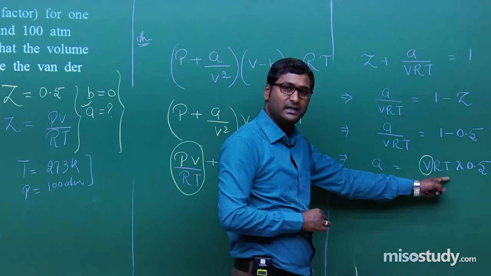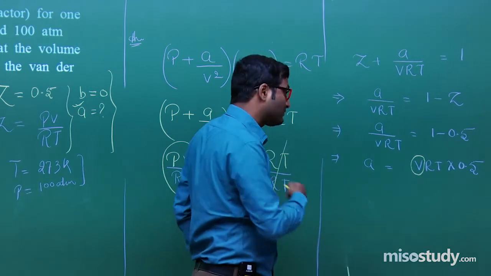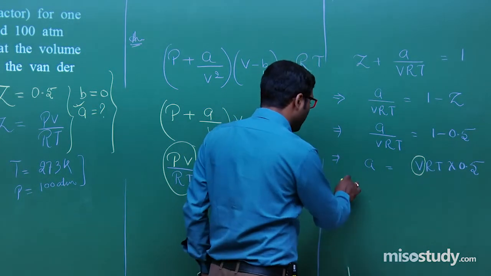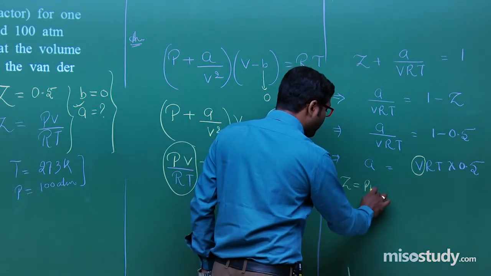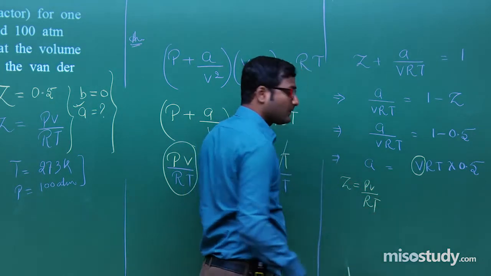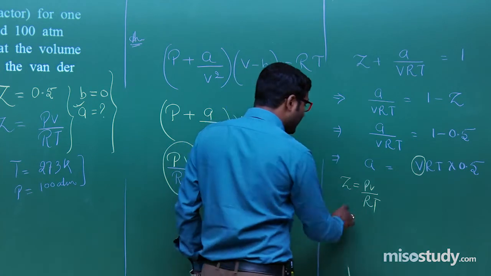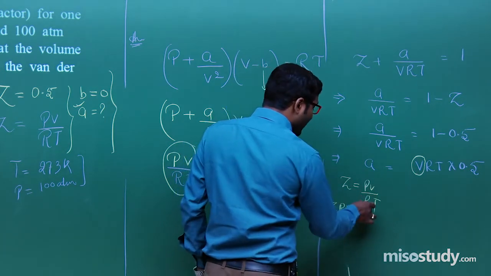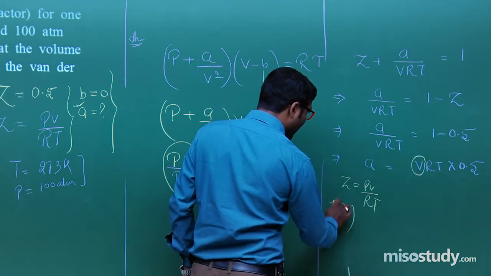R is given, T is given. Then what to do? As we know, Z is equal to PV upon RT. So what is the value of V? That is ZRT upon P. Am I right or wrong?